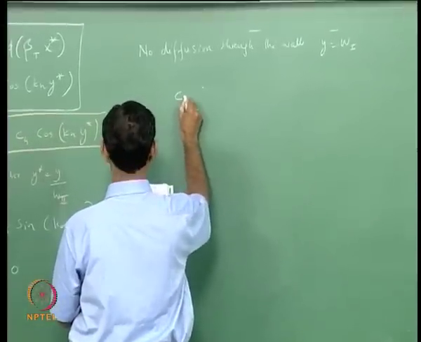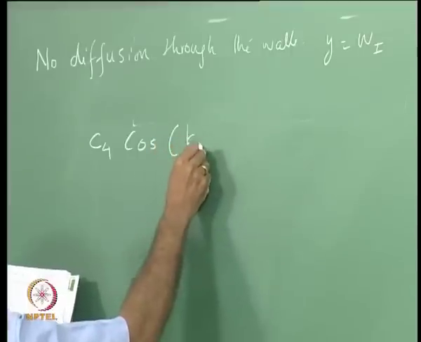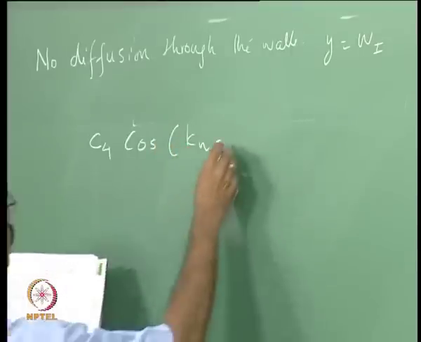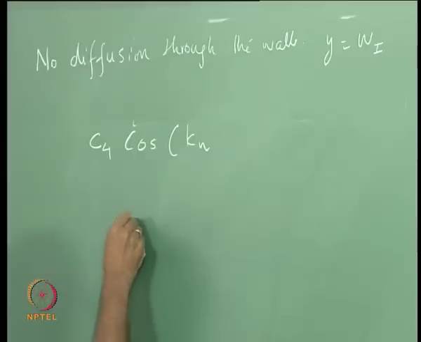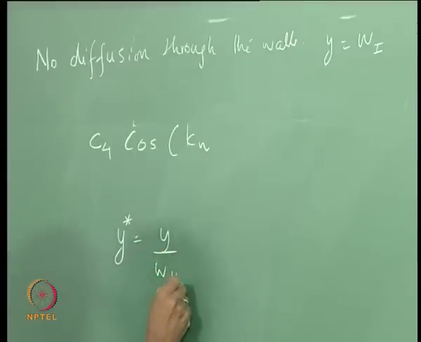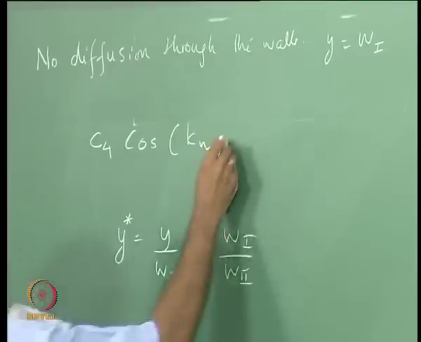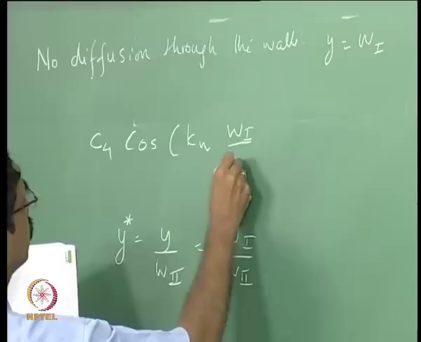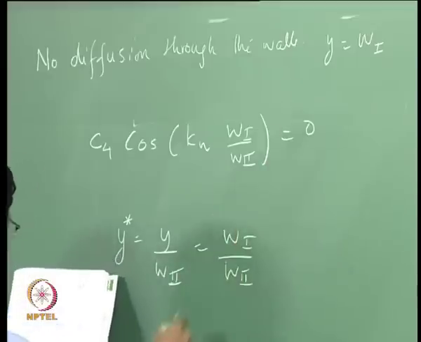So this is the solution, C4 cos kn y star, where y star was y by W2, so this would be W1 by W2, equal to 0.